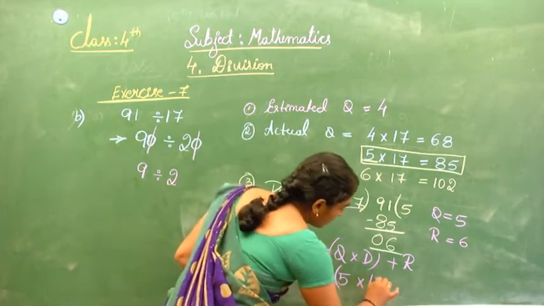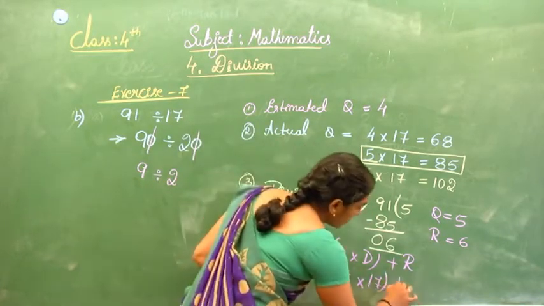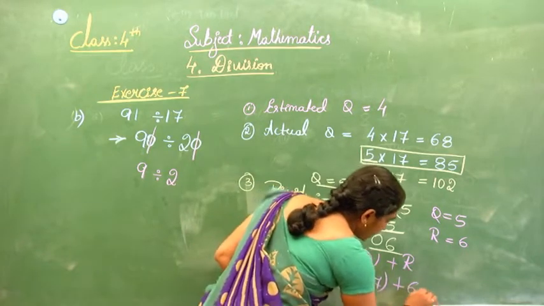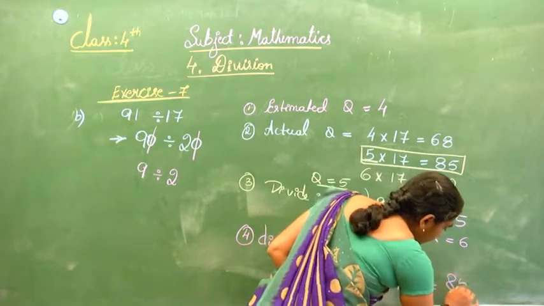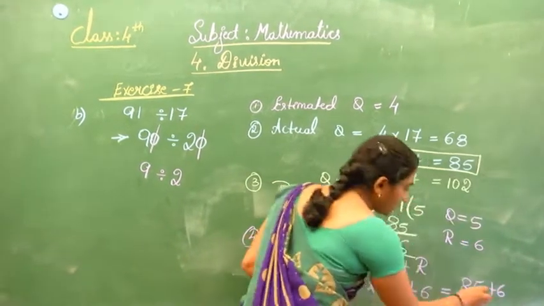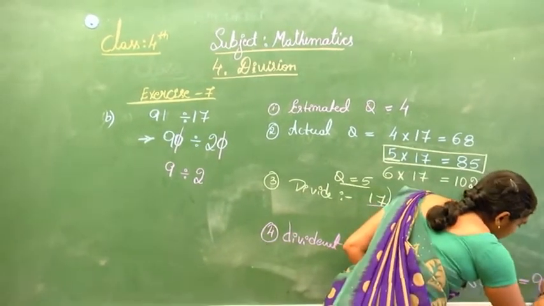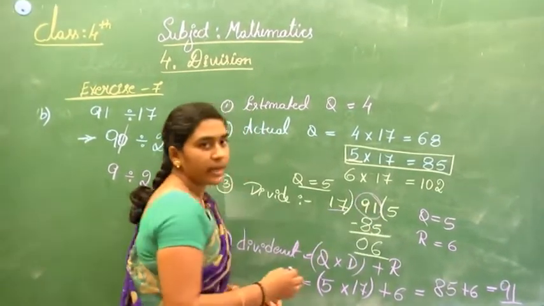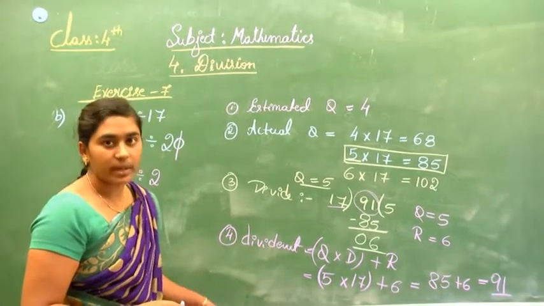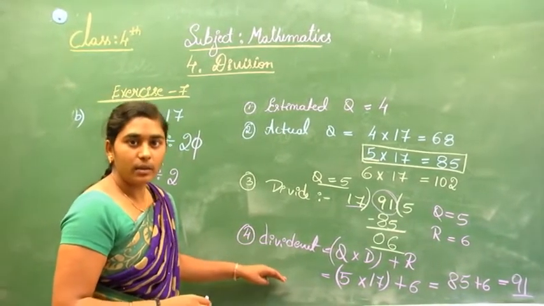Divisor is 17, plus we have got remainder 6. So 17 fives are 85 plus 6 which will be 91. That's what is our dividend. 91 is our dividend. So this is the correct method.